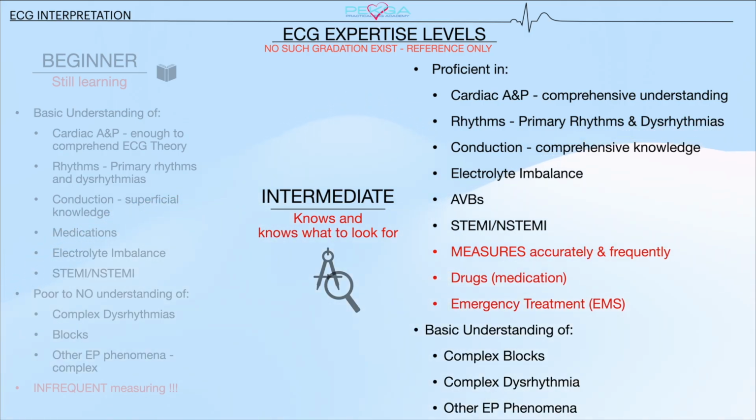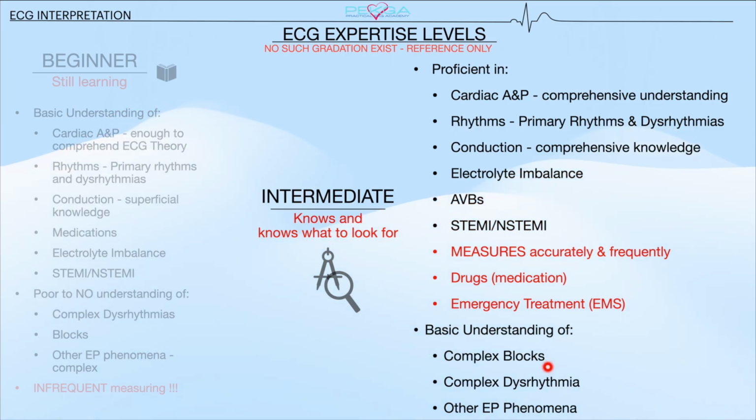When it comes to intermediates, here's a couple of pitfalls, if you will. They will still have a basic understanding of AV blocks. Now, the blocks can get a lot more complicated, and here we're talking about ECG interpretation. Okay, ECG interpretation, it's not so simple, and you'll see why.